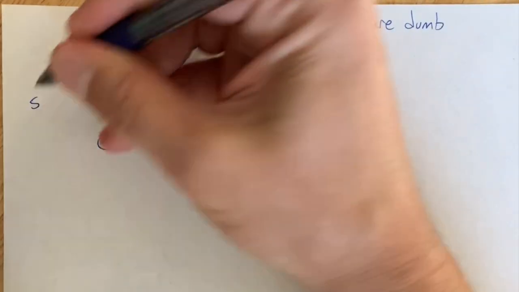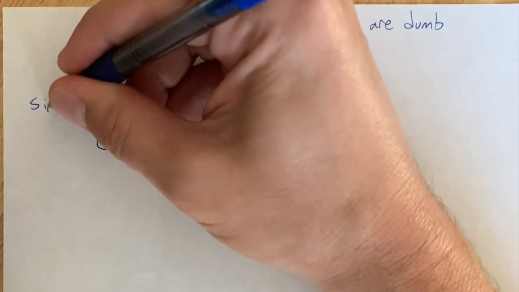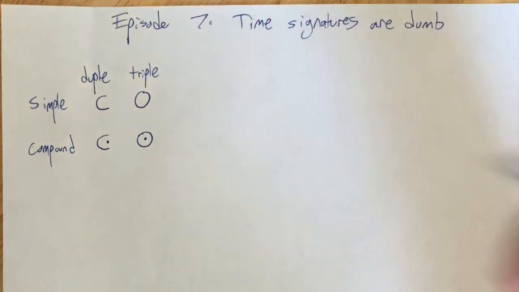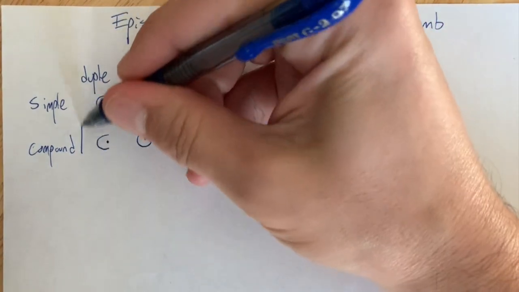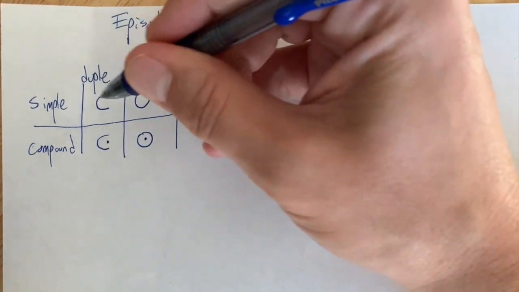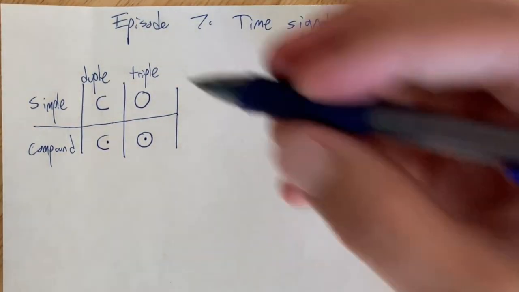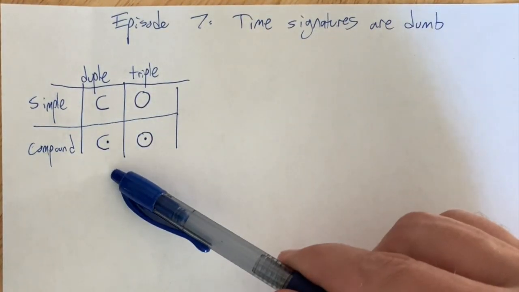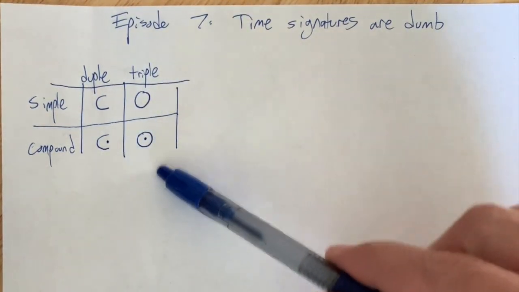Now we call these 2 aspects of meter simple and compound. These 2 words are going to get used again and again in music theory. It's kind of dumb. And so these were kind of the 4 meters in ancient times. We had 2 kinds of duple meter and 2 kinds of triple meter.